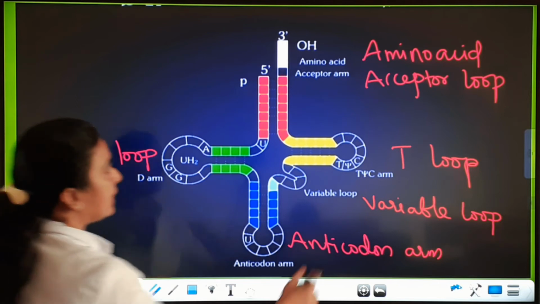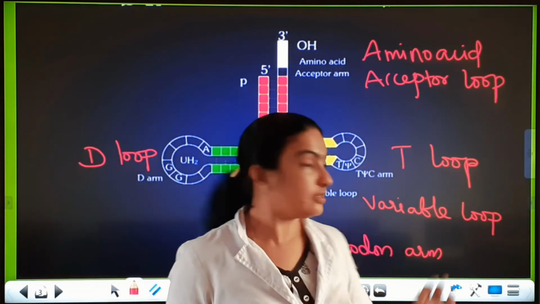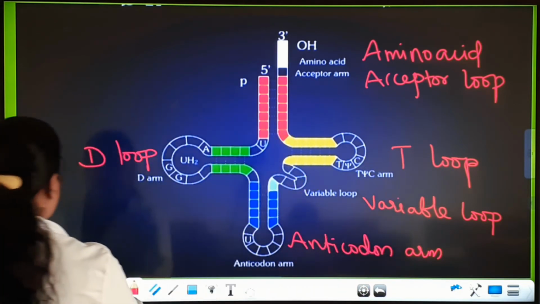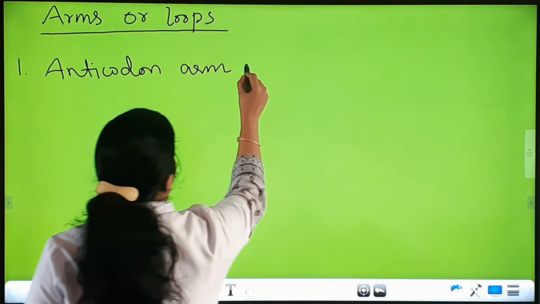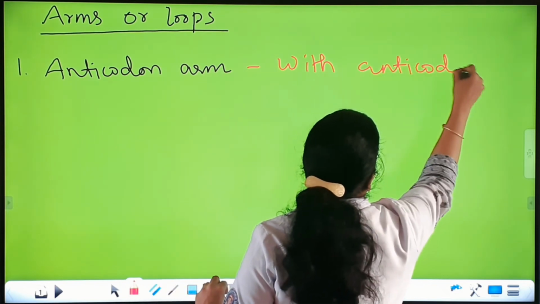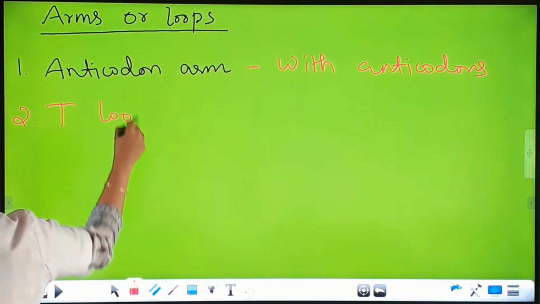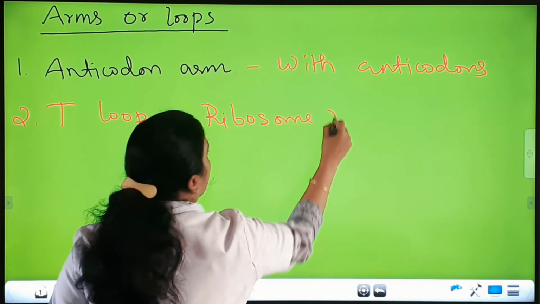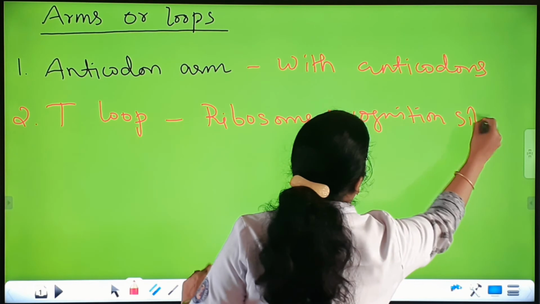And next we can see the T loop. The T loop is the ribosome recognition site, which I write over here. So the anticodon arm has the anticodons. And the second one, the T loop, is the ribosome recognition site.